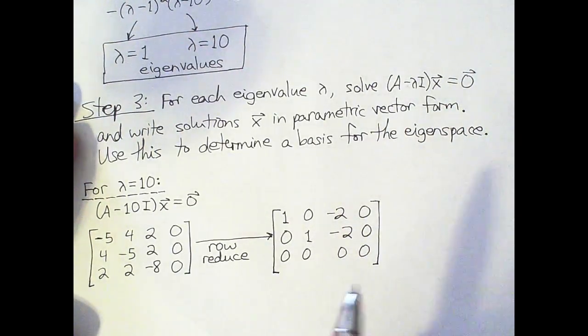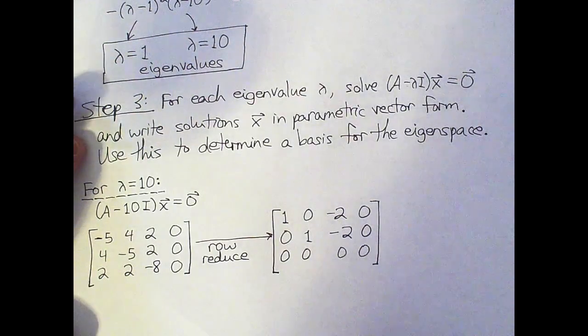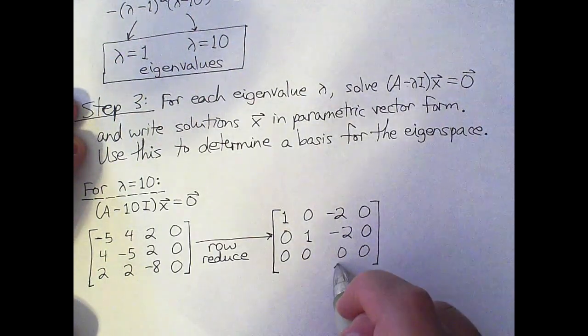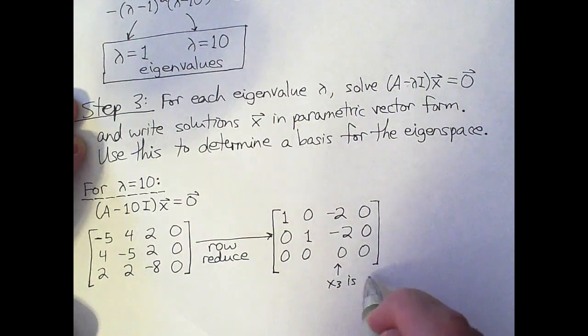And I said that once you row reduce, you should write the solutions in parametric vector form. So we do have a free variable, right? x3 is free.